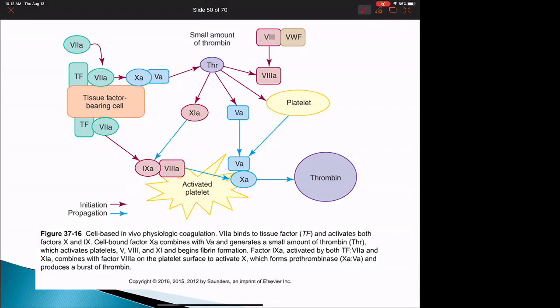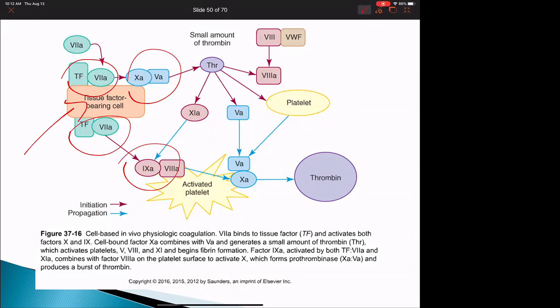So it comes in and it activates factor 10 and factor 11. So right over here and right over here, right? So you have your tissue factor bearing cell, you have tissue factor being exposed, activated factor 7 coming in and getting together with tissue factor on the tissue factor bearing cell. So these complexes are going to activate factor 10 and factor 11.